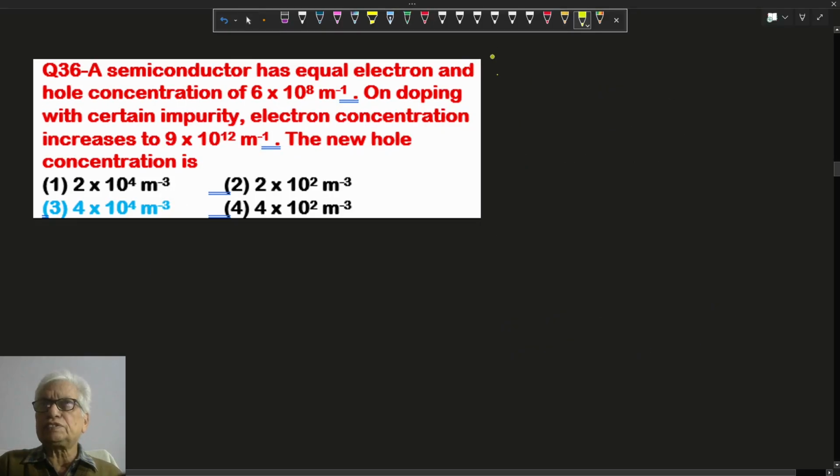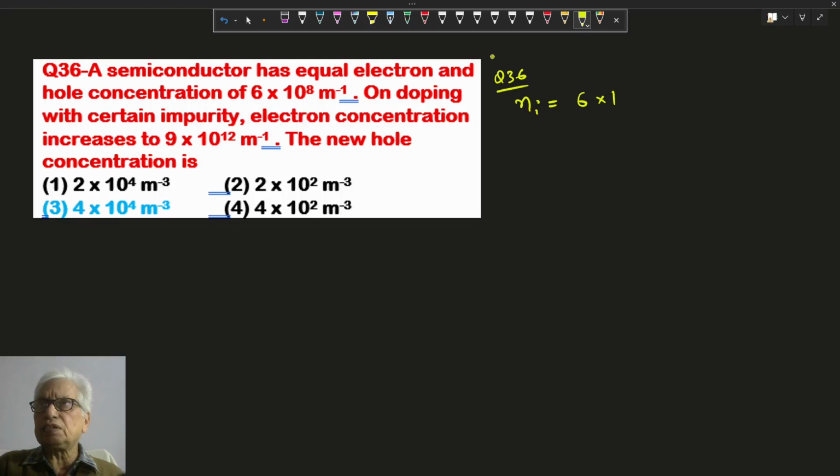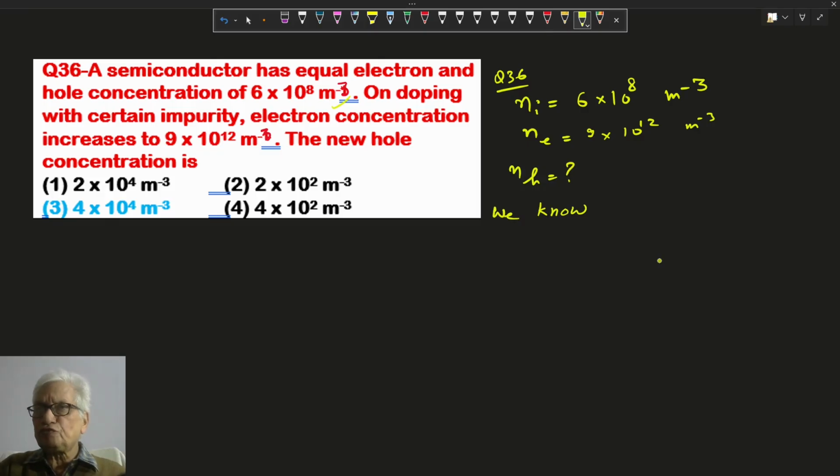Hello, in this question we know Ni is the intrinsic concentration for a pure or intrinsic semiconductor. It is given as 6 into 10 to the power 8 per meter cube, and the electron concentration by doping is 9 into 10 to the power 12 per meter cube. So we have to find the hole concentration. The formula is NH into Ne equals Ni squared.